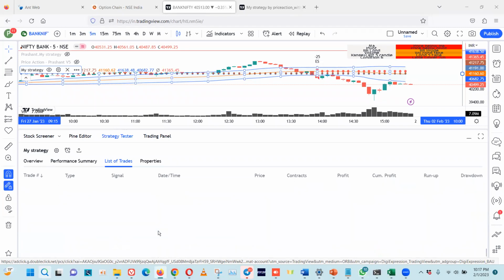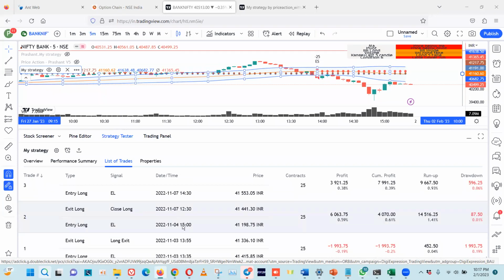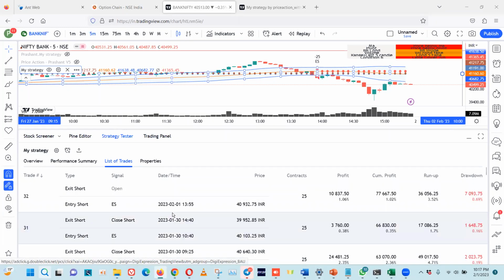It will show a shorter duration of testing. Here it is, I think it is showing from 3rd of November 2022. So just 2 or 3 months of data will be shown. And in the last 3 months, there were only 32 trades in Bank Nifty.